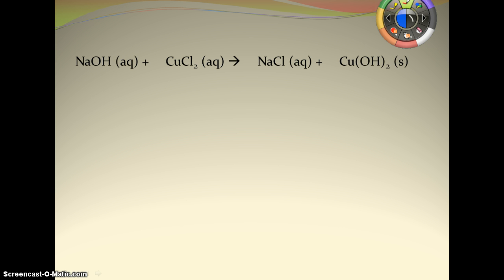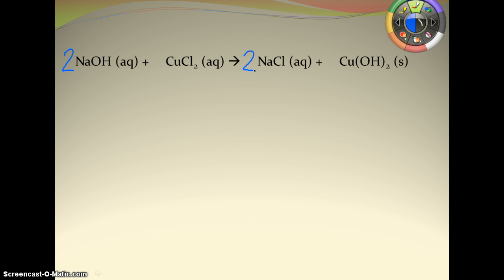Okay, you'll notice that you're going to need a 2 in front of the NaOH, and then you're going to need a 2 in front of the sodium chloride. And so now we're balanced.